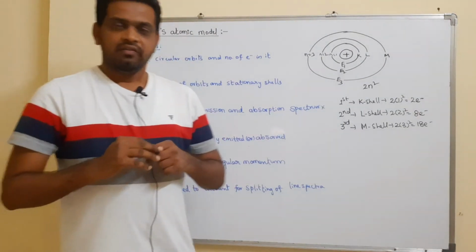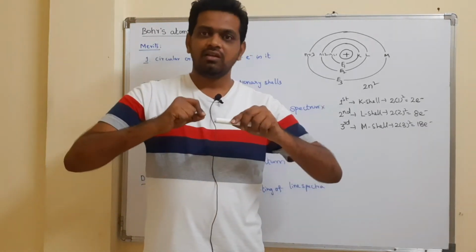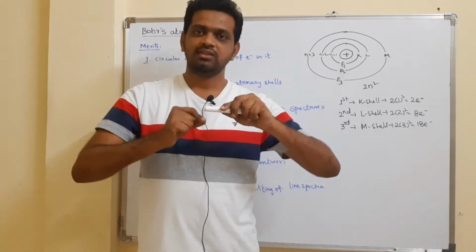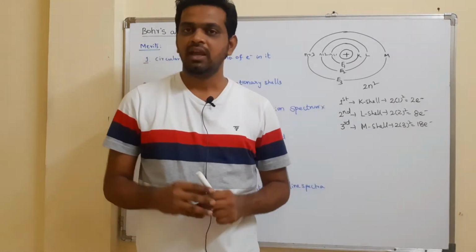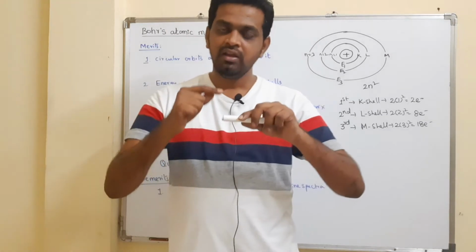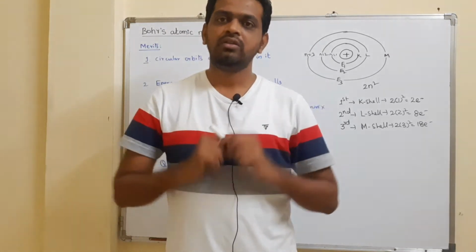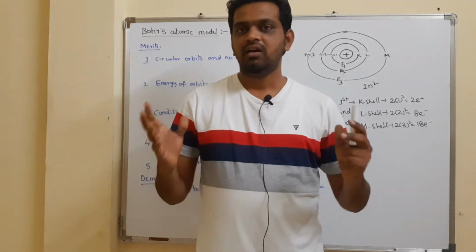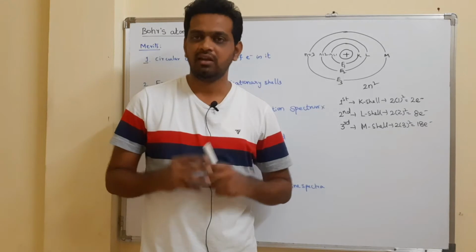See what is going to happen in this explanation. Whenever the electron is revolving around the nucleus, definitely it should radiate energy, it should lose energy. As a result, what will happen? The electron will come closer to the nucleus, and finally it will fall into the nucleus. As a result, the atom will collapse. But this is not happening in practical life.